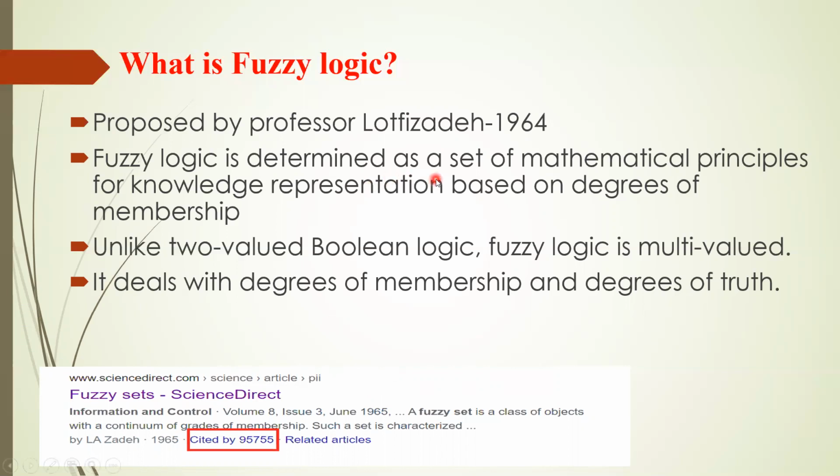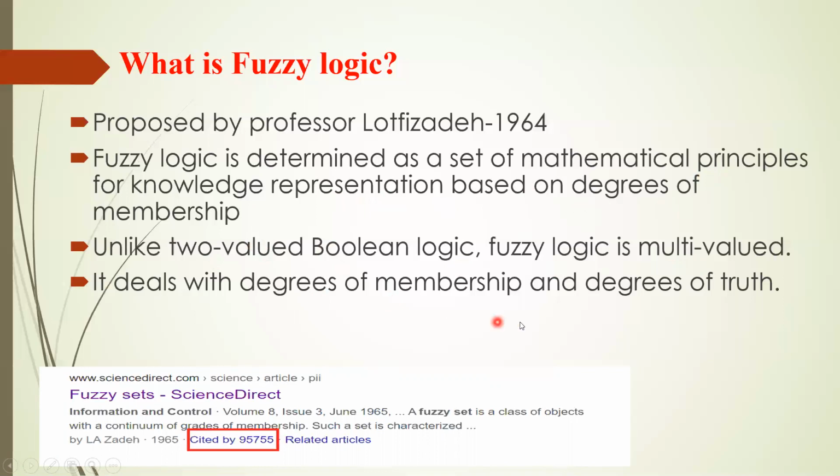Fuzzy logic is determined as a set of mathematical principles for knowledge representation based on degrees of membership. Unlike two-valued Boolean logic, fuzzy logic is multi-valued. We have values in between 0 and 1 and not the crisp.